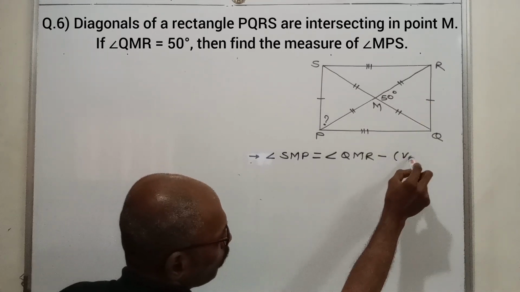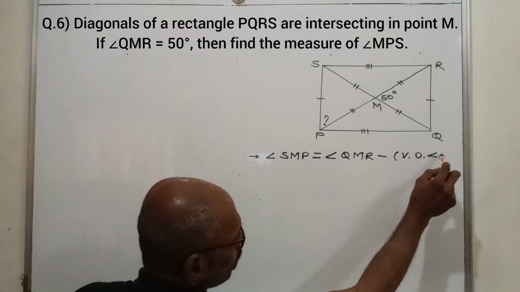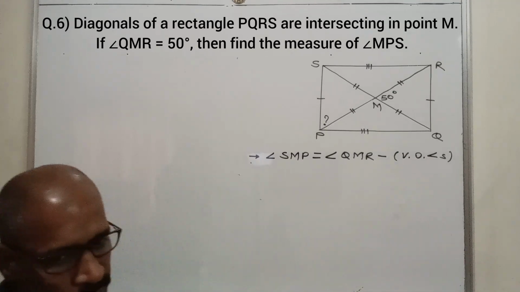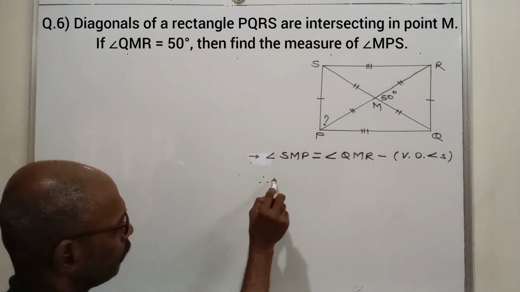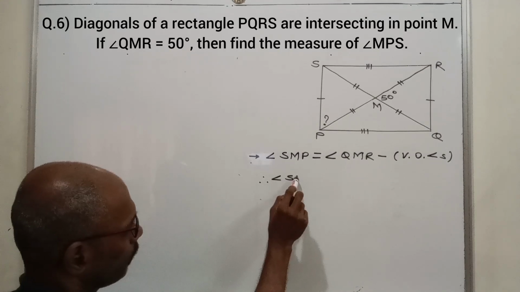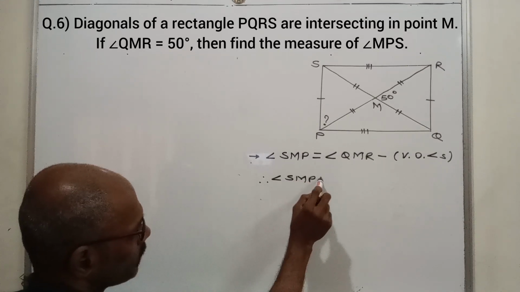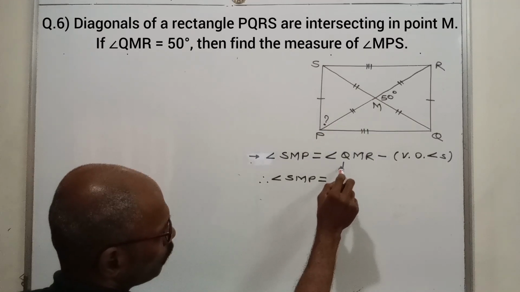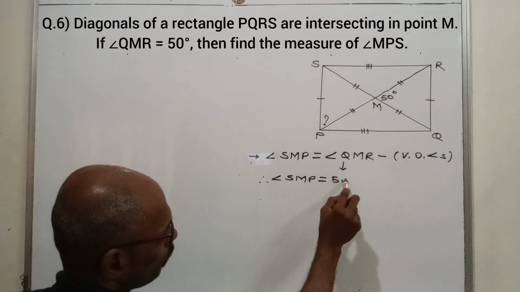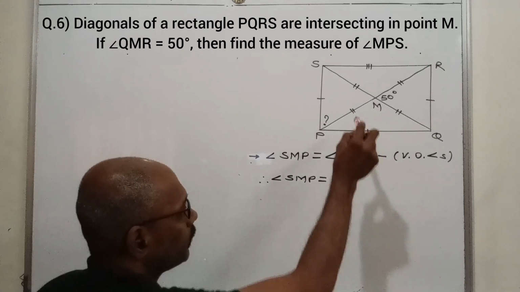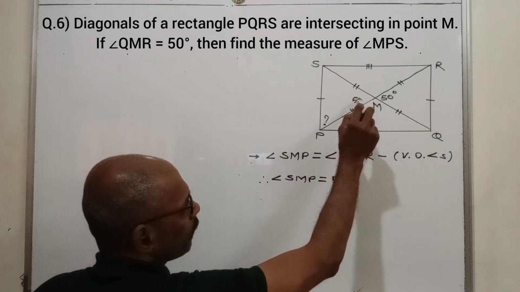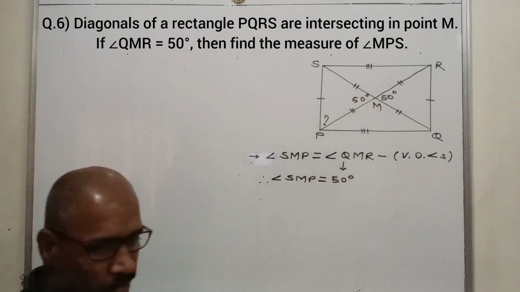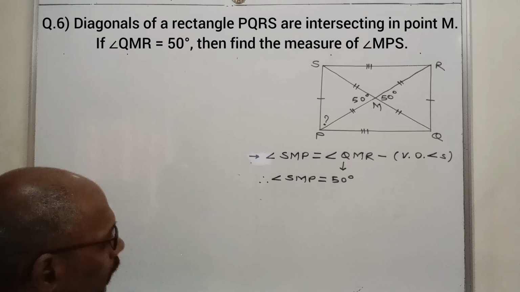What is the reason? Vertically opposite angles. Therefore, angle SMP is equal to 50 degree. Did you get it? Vertically opposite angles are congruent.